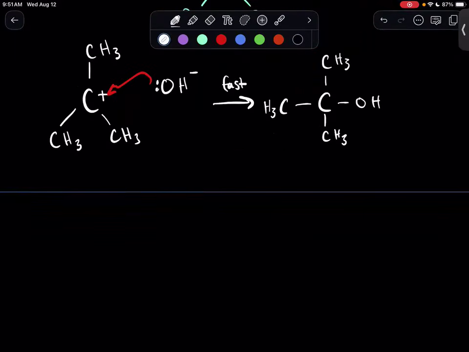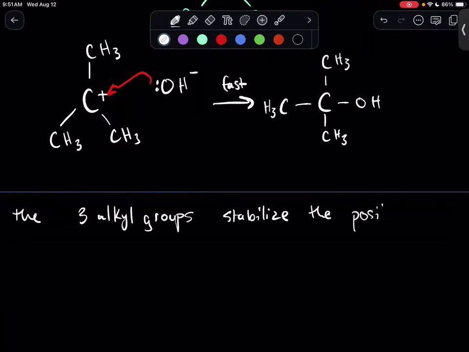But the key thing here is that the 3 alkyl groups stabilize the positive charge, specifically the carbocation.